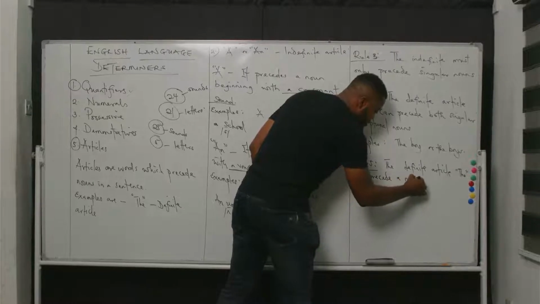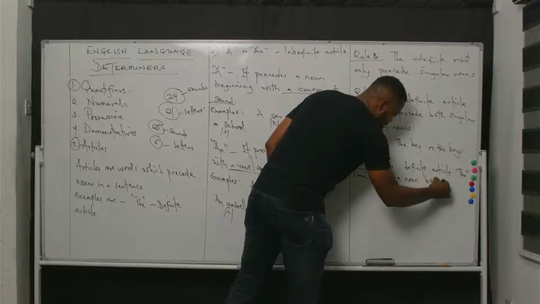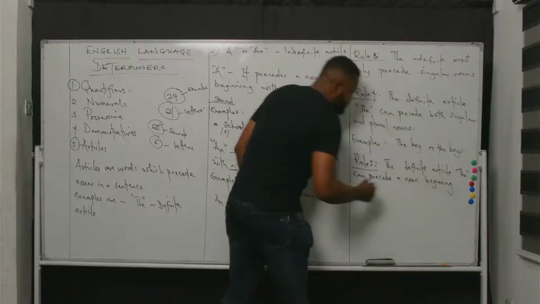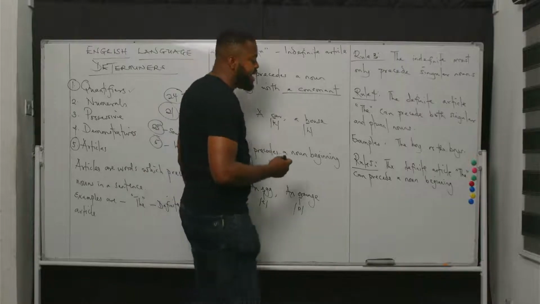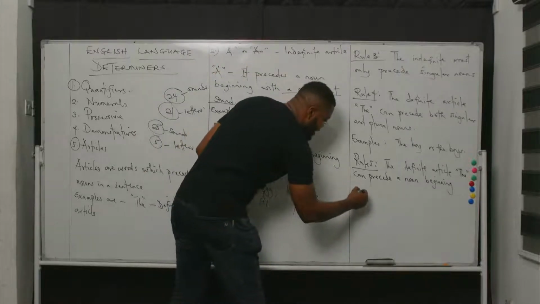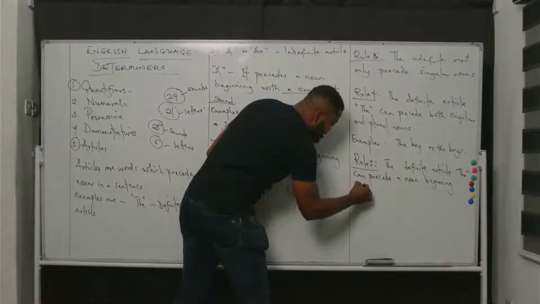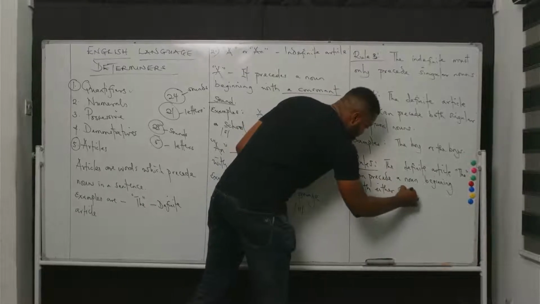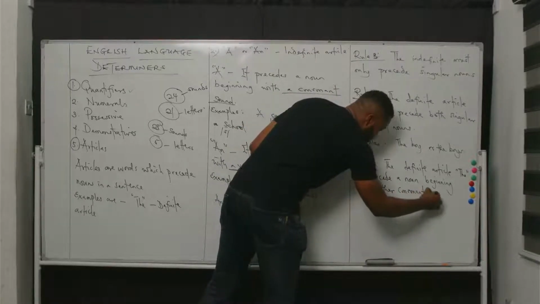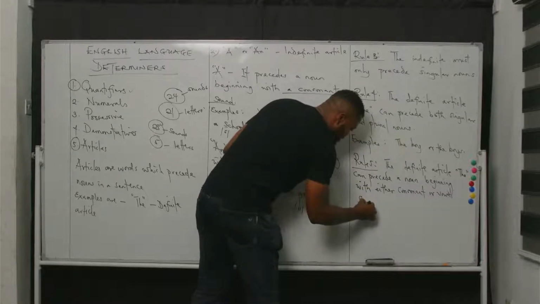The definite article, that's the article THE, can precede a noun beginning with either a consonant or a vowel sound. Do you understand that now?